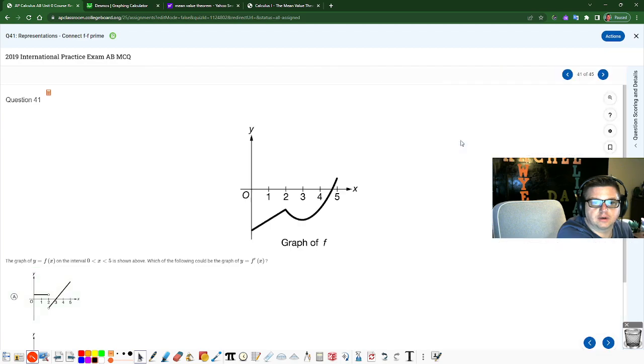Oh, oops, sorry. The graph of y equals f of x over the interval from 0 to 5 is shown above. Which of the following graphs could be the derivative? Okay. We have an increasing function, so that means the derivative has to be positive.